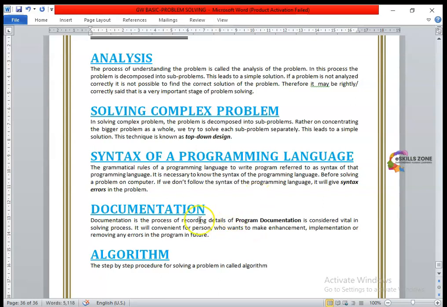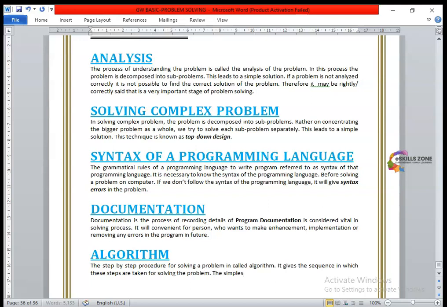It gives the sequence in which these steps are taken for solving the problem.